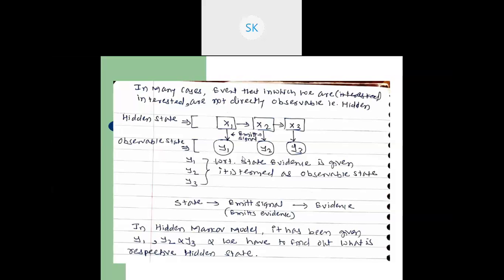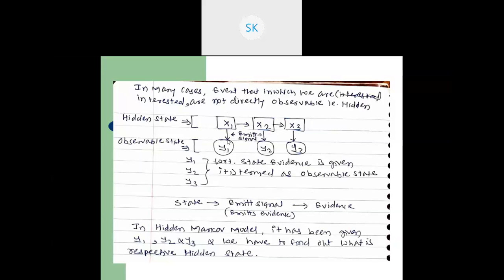So here, with respect to our problem, we have x1, x2, x3, y1, y2, y3. As we know, x1, x2, x3 are the states, and these arrows are the transitions from one state to another state. Now, each state emits a signal, and that is the emission probability.